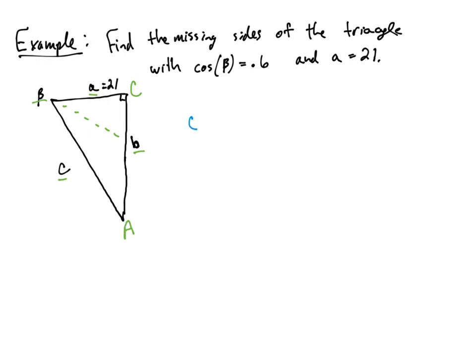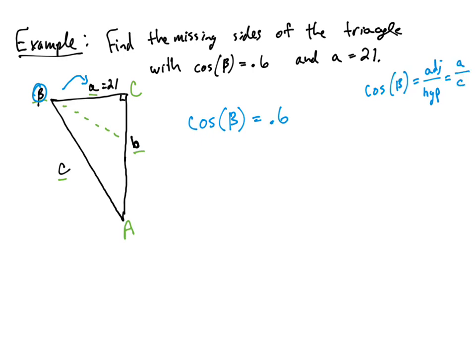Well, the information we have is cosine of angle B is equal to 0.6, but we also know that cosine of B is equal to the adjacent side over the hypotenuse, which in this triangle, from angle B, the adjacent side is a, and the hypotenuse is c. So this is going to be equal to a over c.